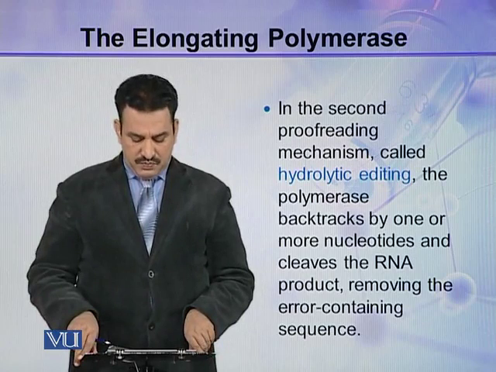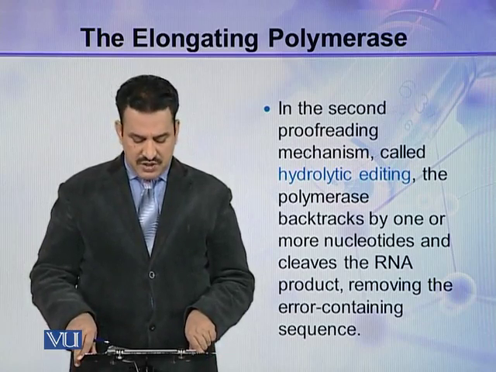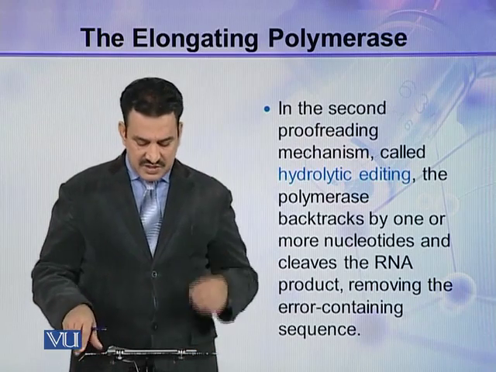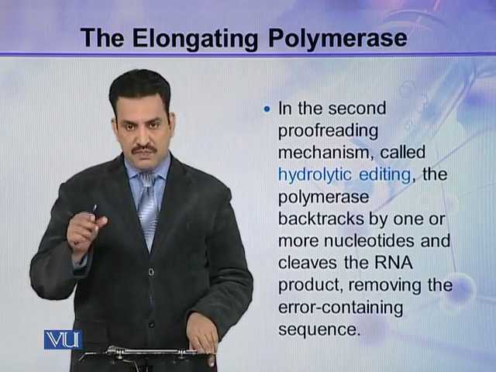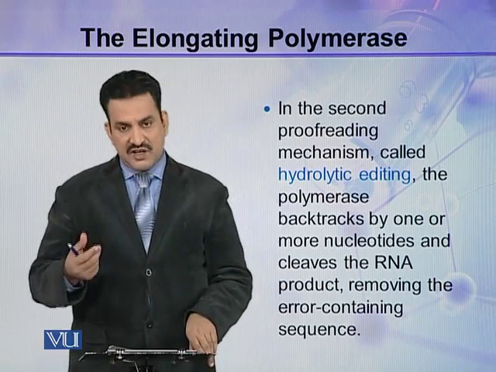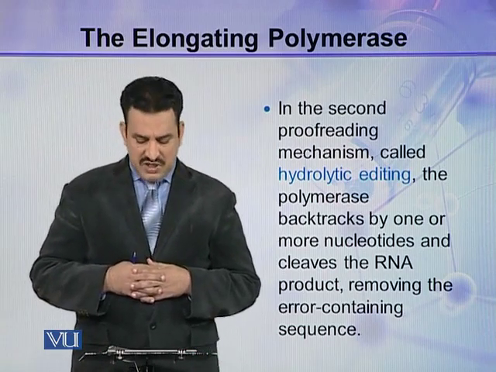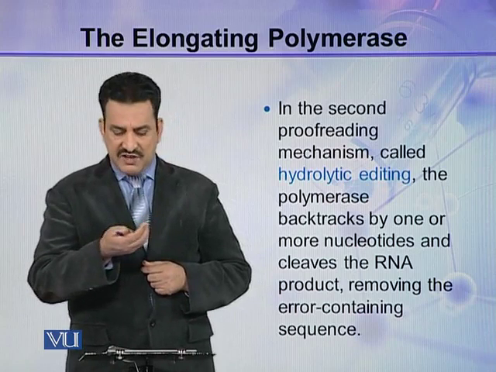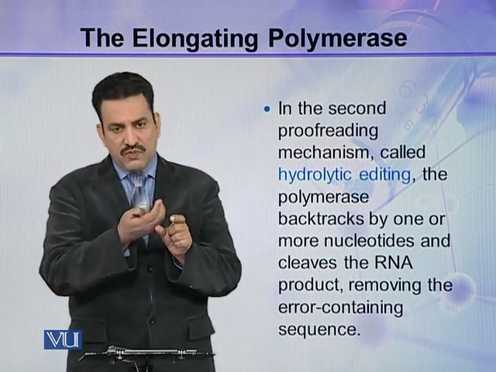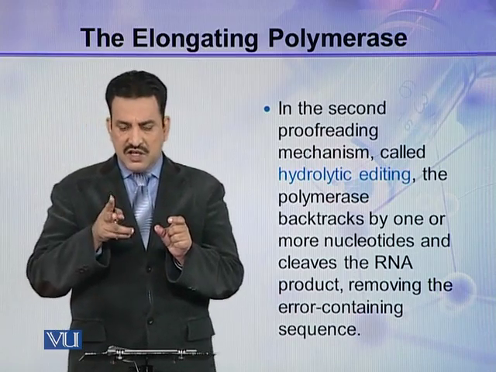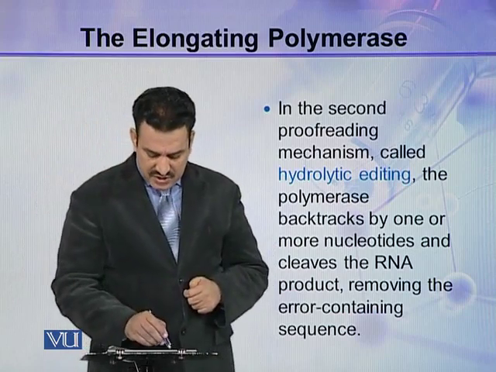In the second proofreading mechanism, which is called hydrolytic editing, the polymerase backtracks by one or more nucleotides and cleaves the RNA product, removing the error-containing sequence. So in this mechanism, the RNA polymerase backtracks not only one base but a few bases, and then it cuts that product and removes the misincorporated sequence.